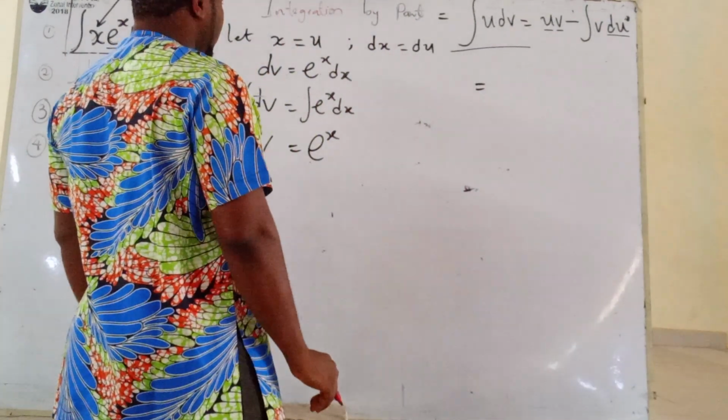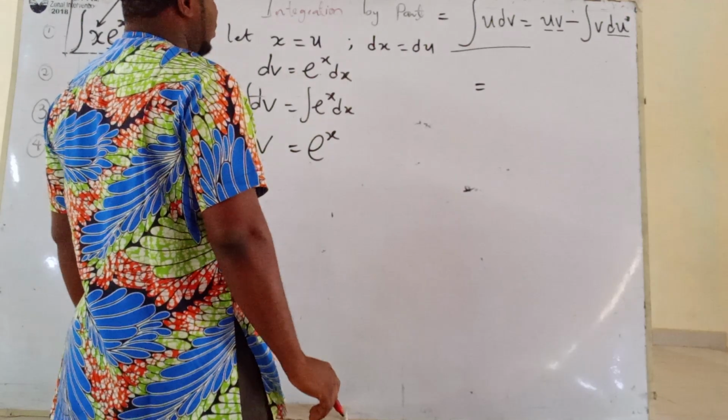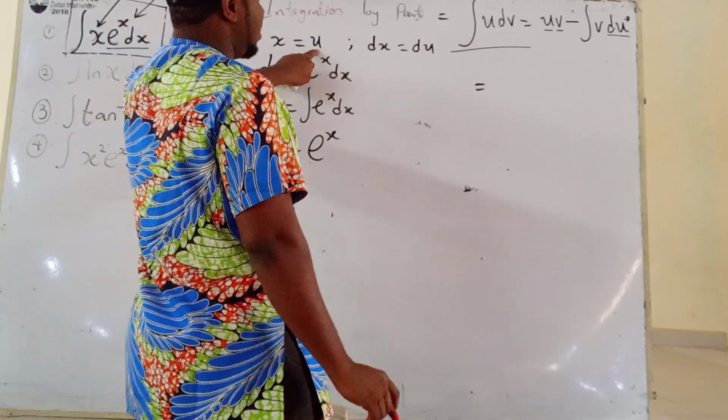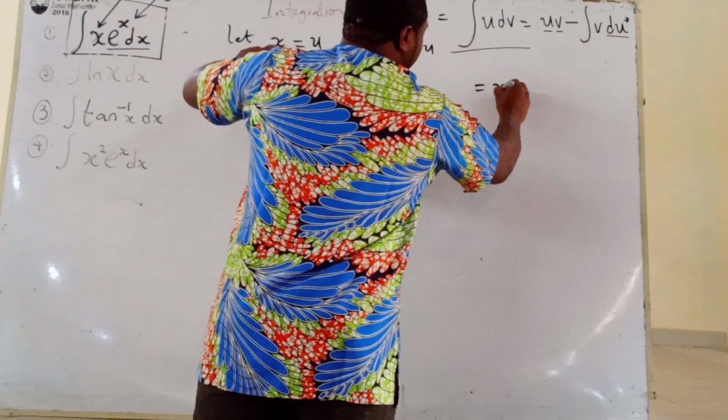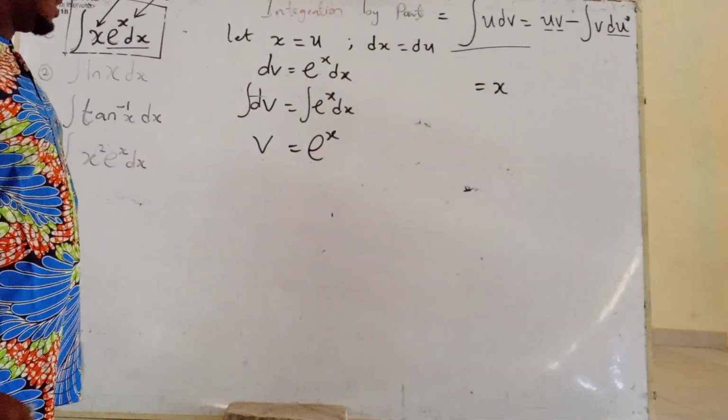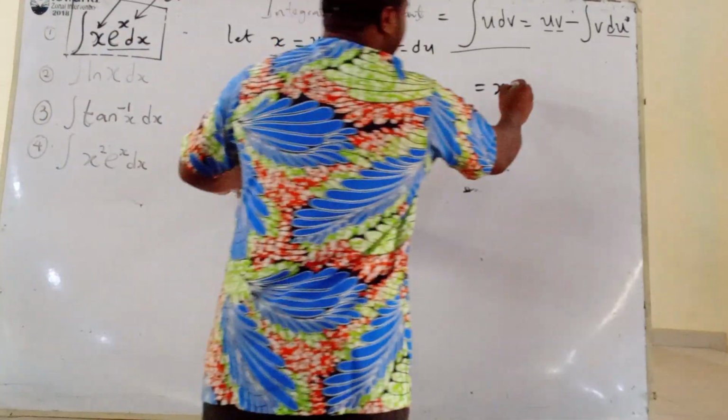What is u? u is x. So I have x. What is v? Exponential x.